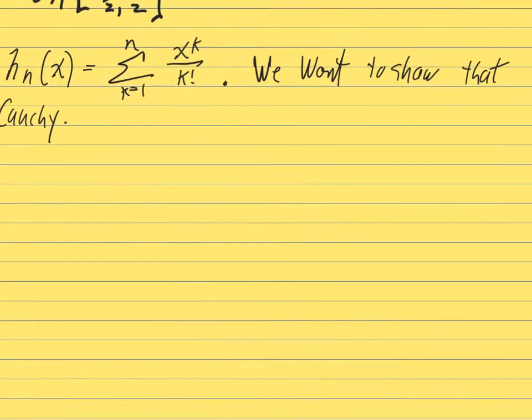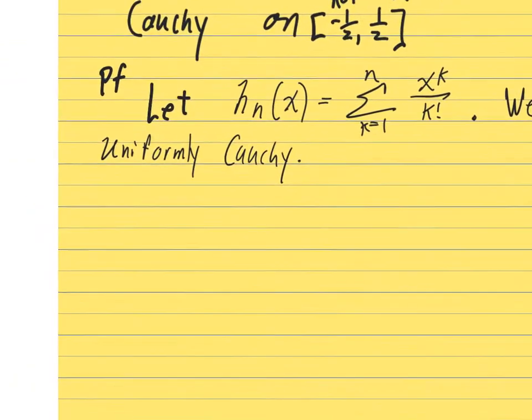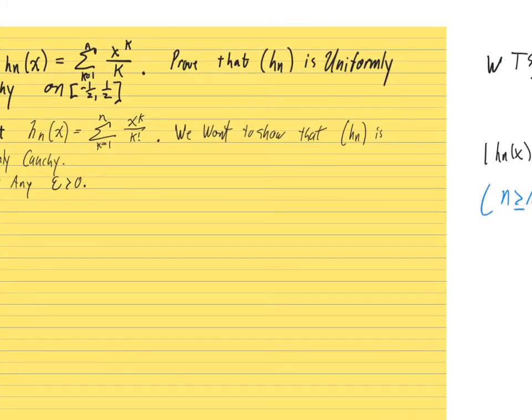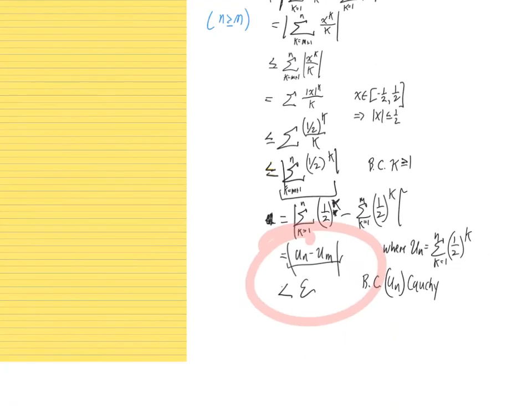So first, we want to prove something is uniformly Cauchy, so let's start with this. Consider any epsilon bigger than 0. Now I need to come up with a choice of big N. So in the scratch work off to the side, I found my choice of big N. My choice of big N is whatever I need to get that to happen.